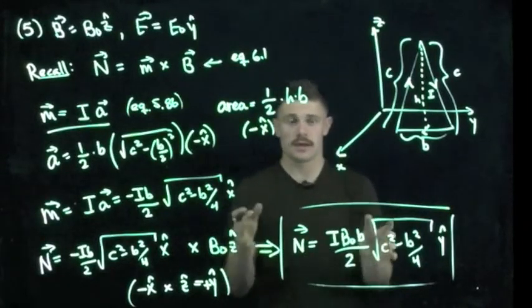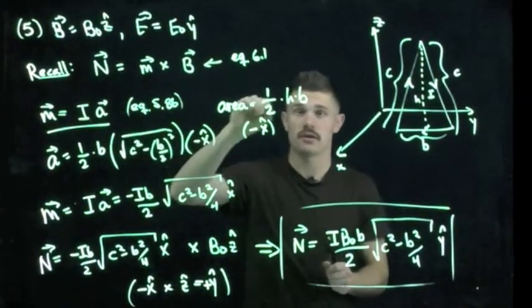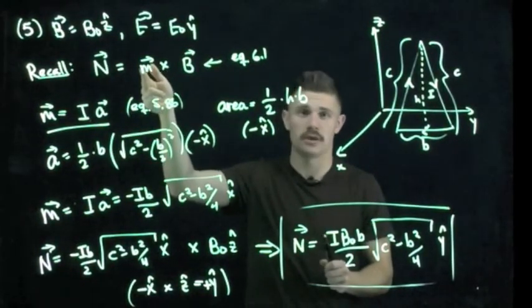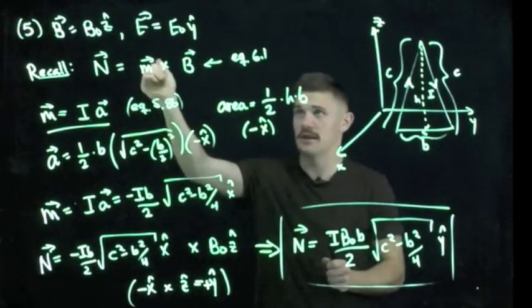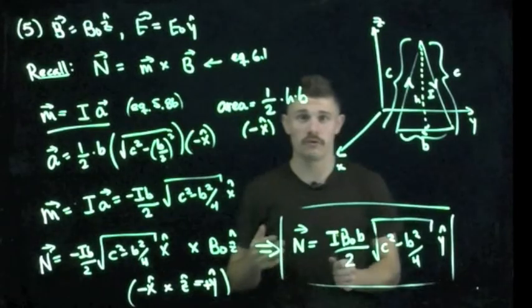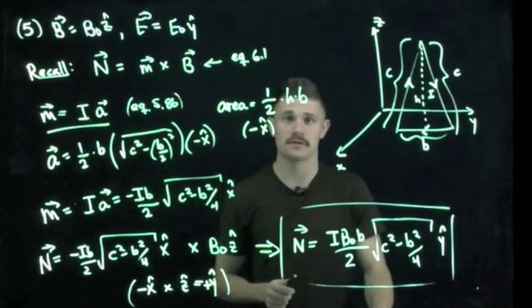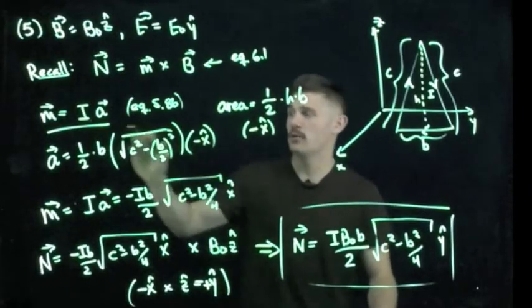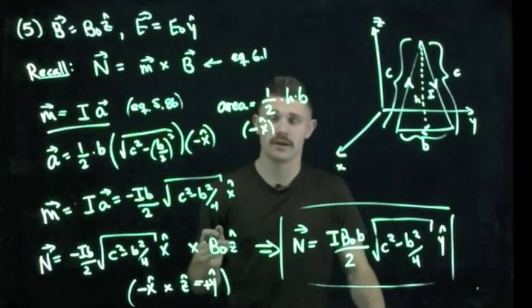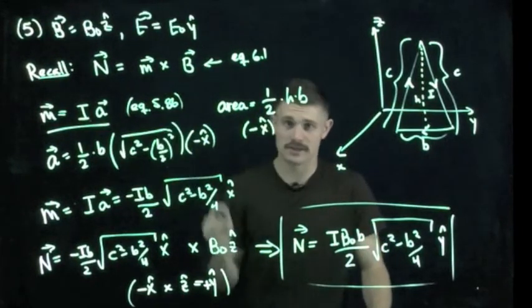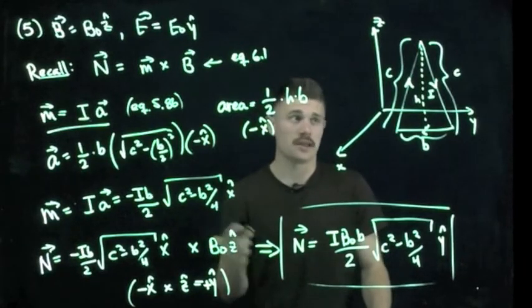Perfect. So again, for this problem, we initially recall that the torque on this triangle is given by the magnetic dipole moment of the triangle crossed with the magnetic field that has been applied, which is B naught times z hat. This is equation 6.1 in Griffiths, so I strongly recommend that you read that section, chapter 6, which is magnetic fields in matter. And we know that the magnetic dipole moment is given by the current I multiplied by the area vector a, equation 5.86 in Griffiths. And the area is given by 1/2 h times b, which is just the area of the triangle.